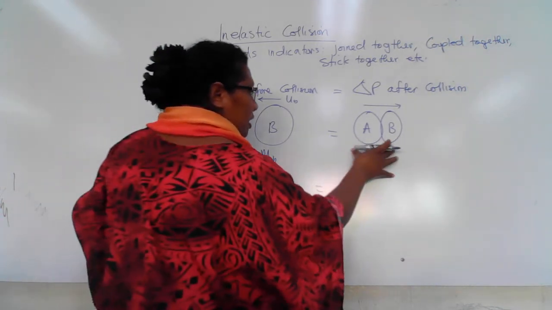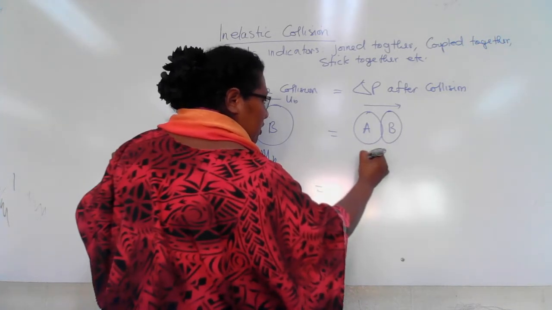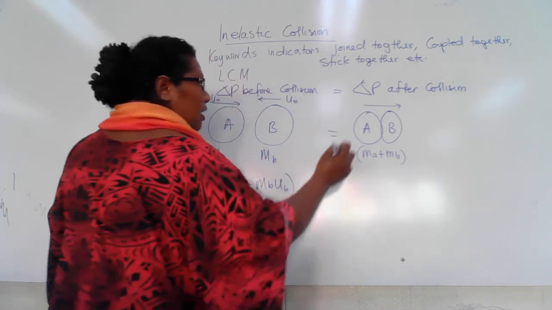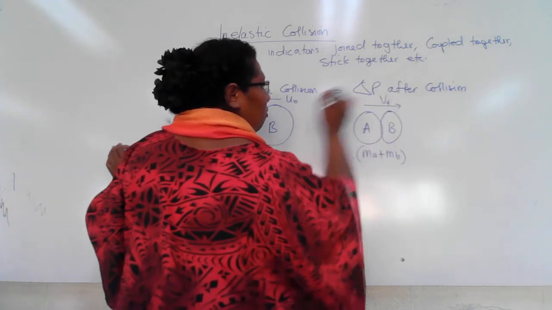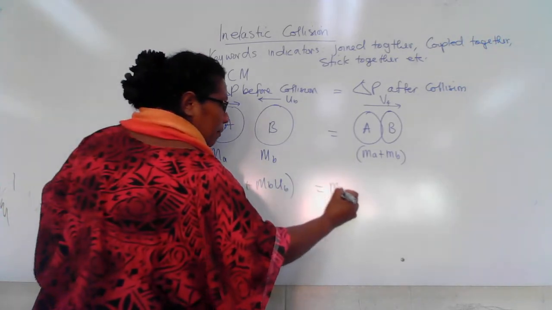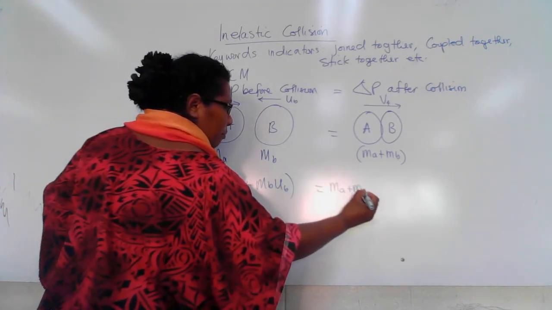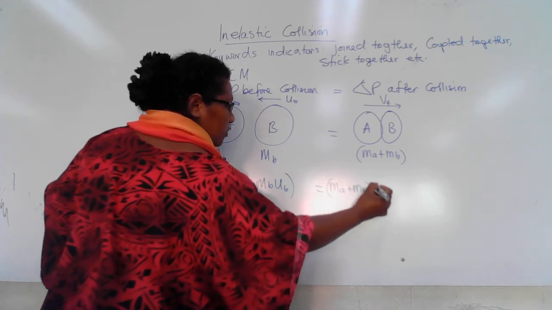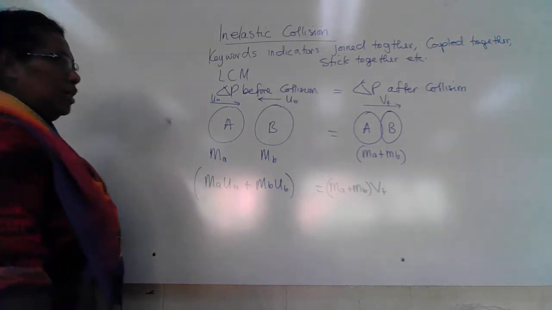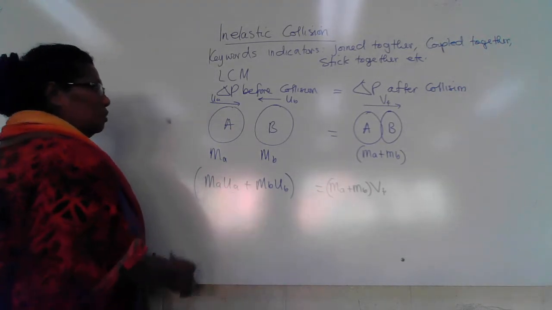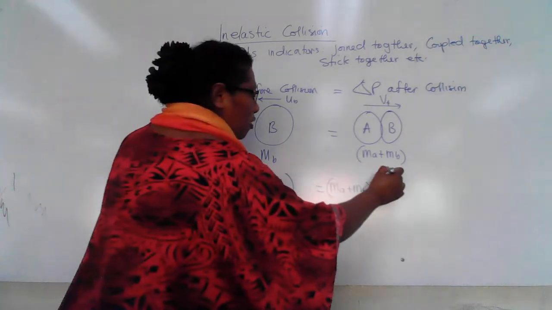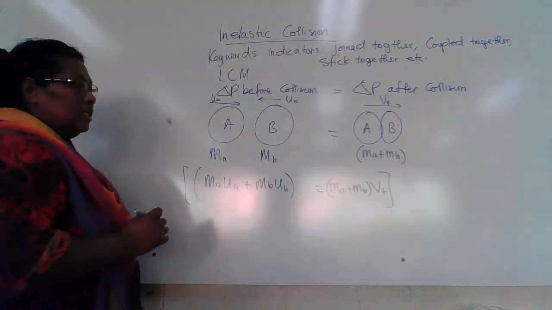Now here, they're both stuck together and moving together, so their masses will now be added together, and they will both have a common velocity. And so the formula will be MA plus MB times their common, or final, velocity. So this is the general formula for inelastic collision.